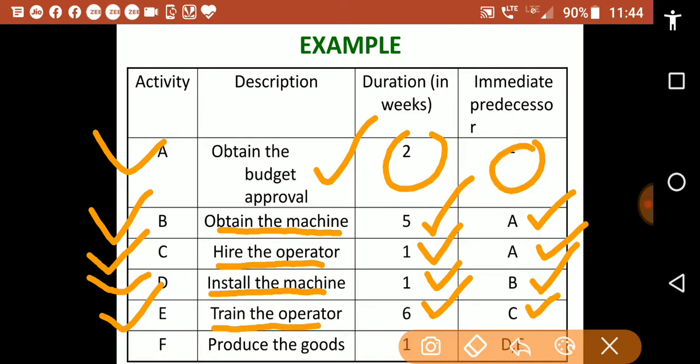Next is activity F, produce the goods. Duration is 1 week and the predecessors are D and E, install the machine and train the operator. So this is an example of some activities.